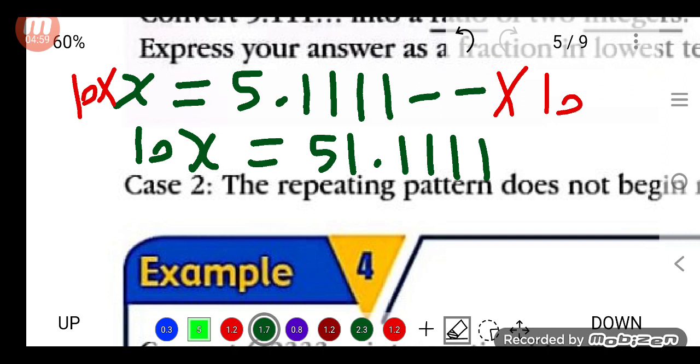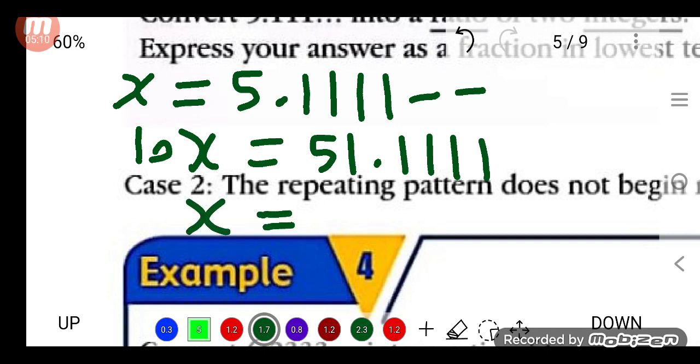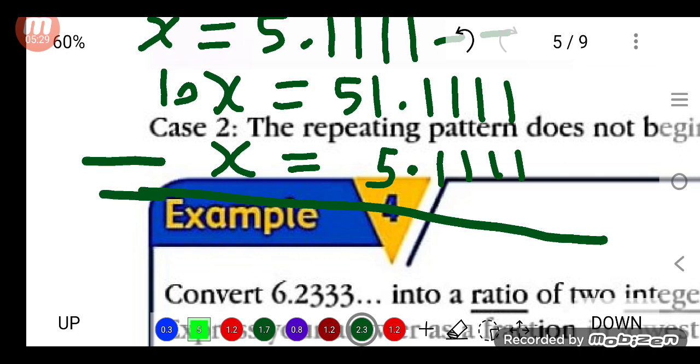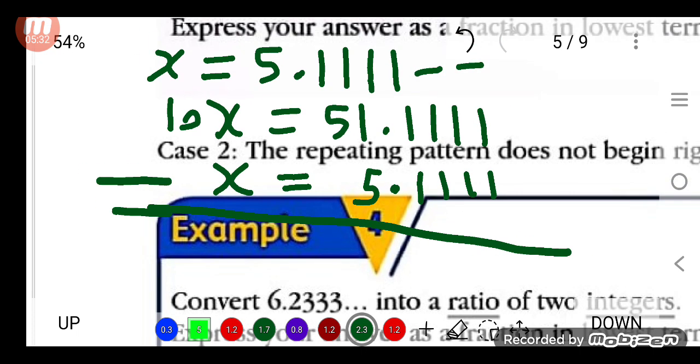So x here is equal to 5.1111, remember decimal under decimal. Next step, you do subtraction. The subtraction of these will give you the final result.